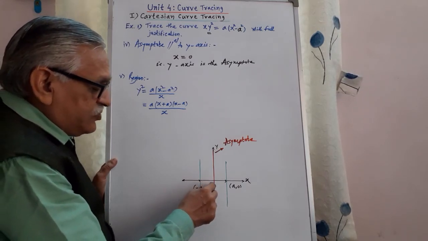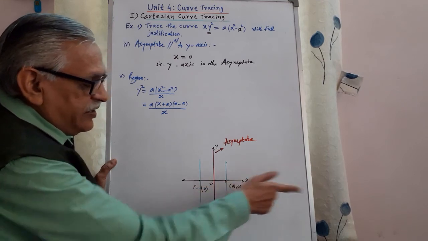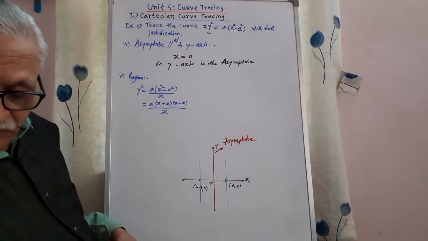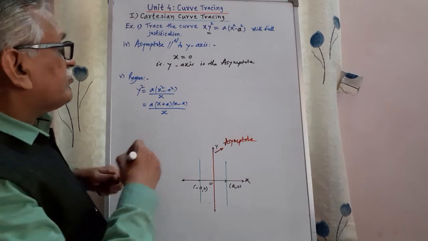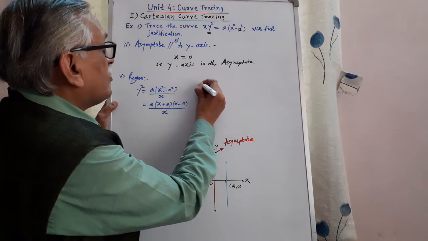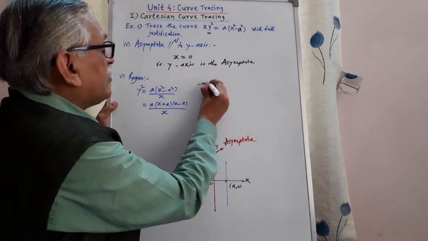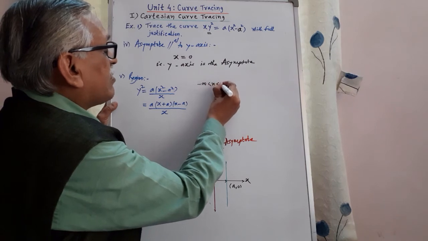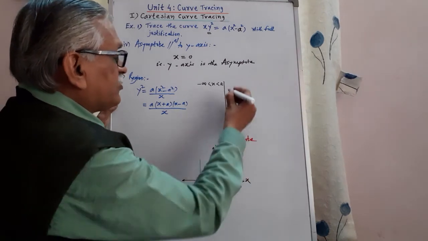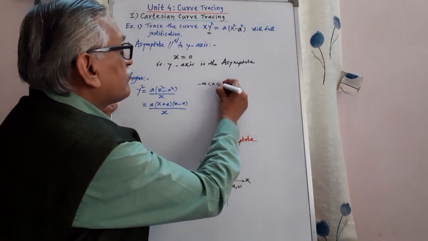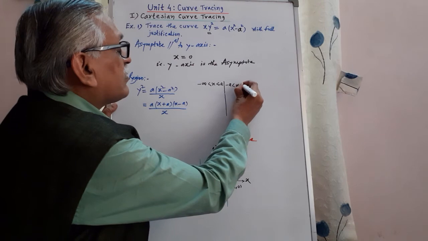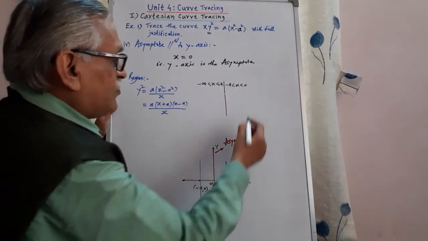Then, if you try to see the division of this region, from minus infinity to minus a is one part, then minus a to 0 another part, 0 to a third, and a onwards. Therefore, I will divide the values of x as minus infinity less than x less than minus a, then minus a less than x less than 0, meaning between minus a to 0 the points.